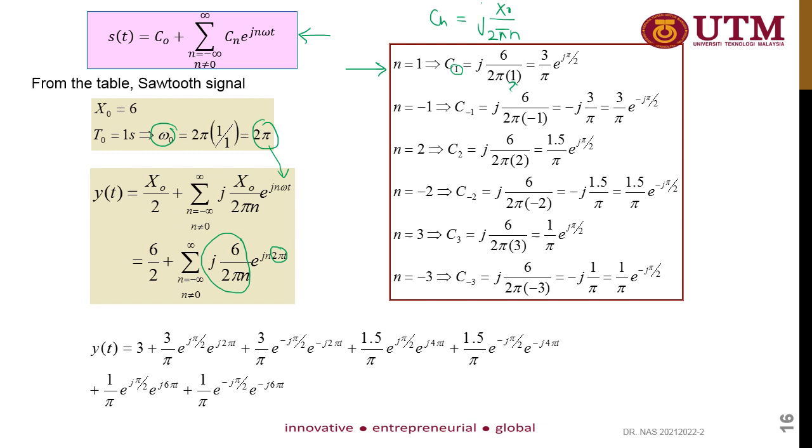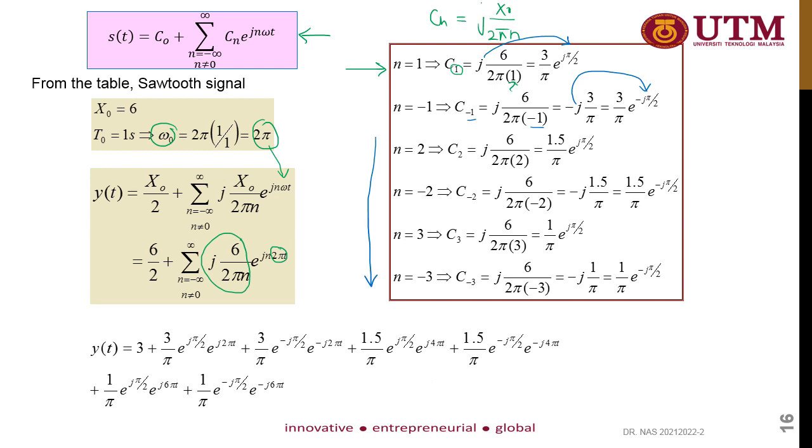For j, if you want to remove the j, it is basically equal to the phase shift of pi over 2. Okay, go next for n equal to minus 1, replace n with minus 1. So again you have negative j, so you convert it into negative pi over 2. Same goes to the rest of the n.